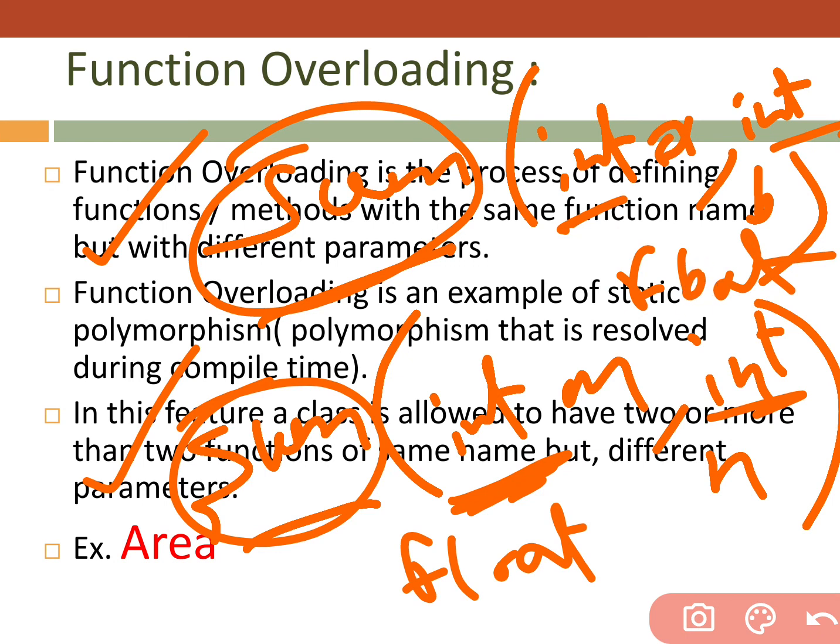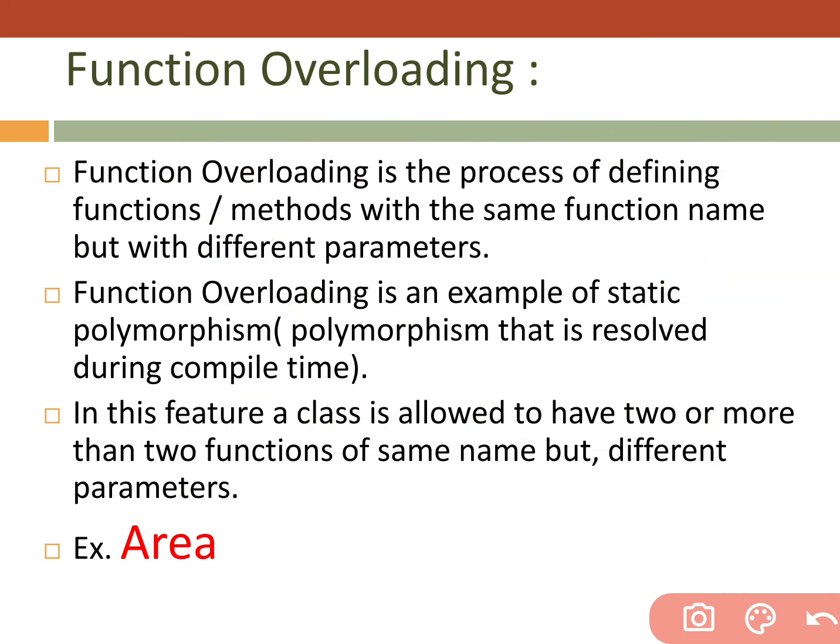Something should be different. In this way, the compiler can understand and run it for you. The compiler is going to understand and never display any error, and the process is going to run easily. If the parameters are different, then no problem will occur.